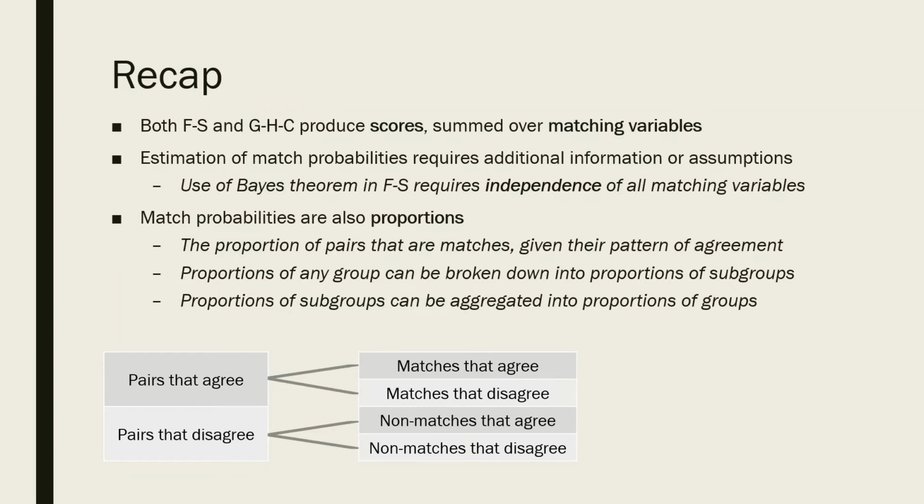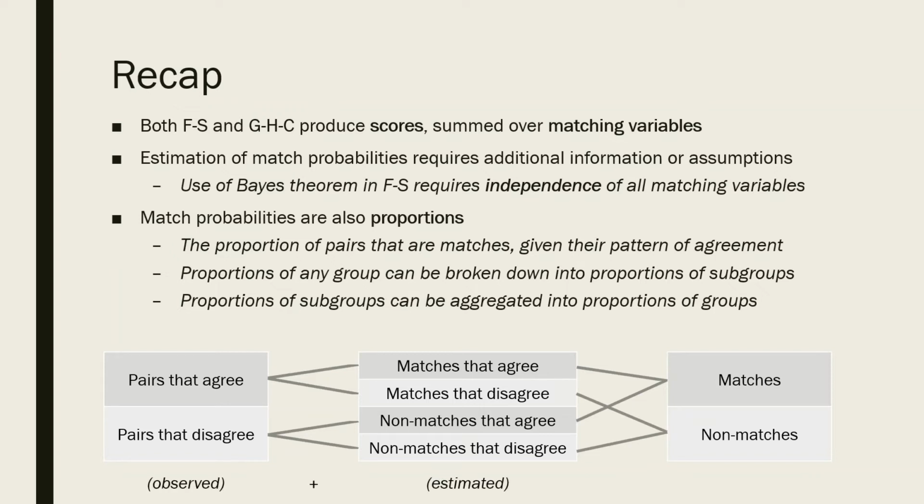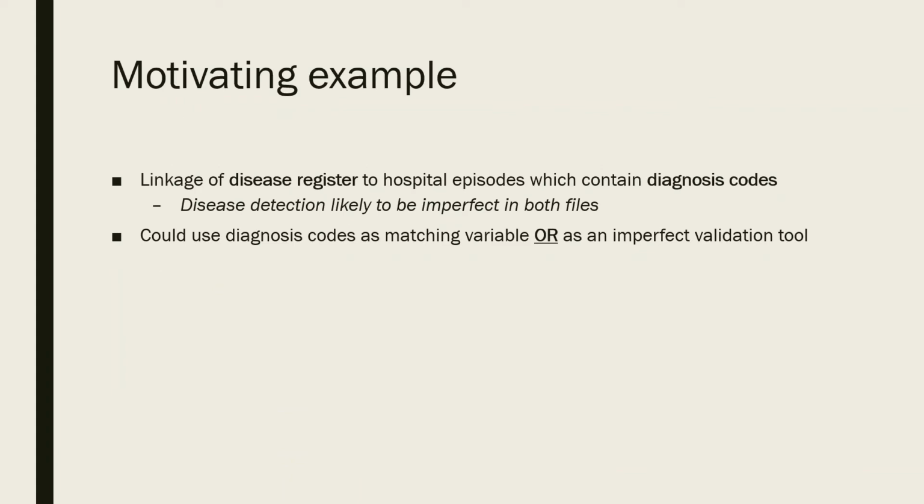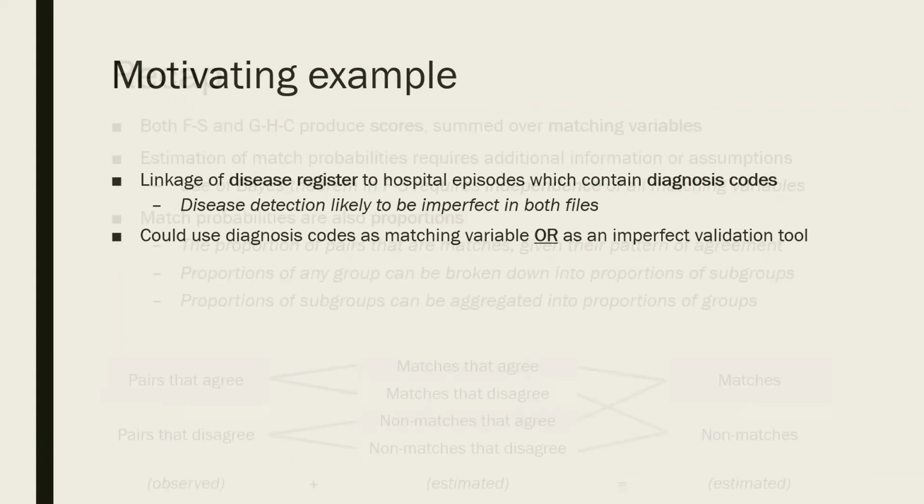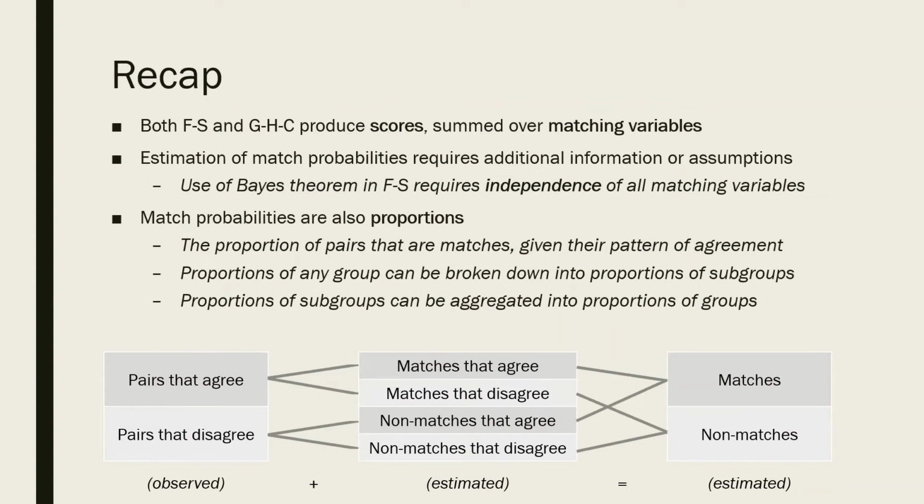But if we can estimate those two proportions and combine them with the proportion of agreement that we do observe, then we combine these three proportions, one observed and two estimated, to give you a match probability or a matched proportion, or a precision estimate: what proportion of a group of candidate links are matches. And so what I'm going to present now is based entirely on these inviolable relationships between proportions.